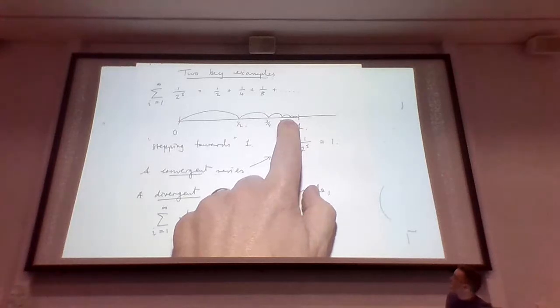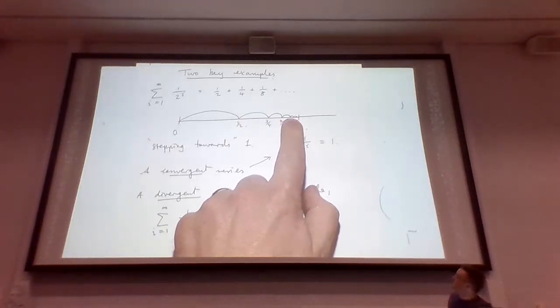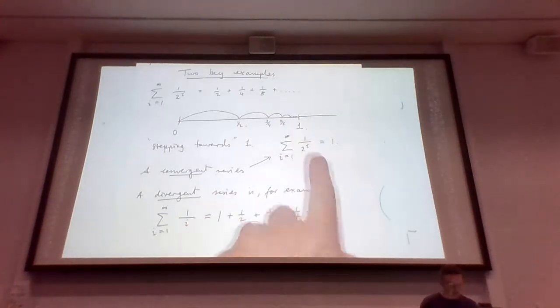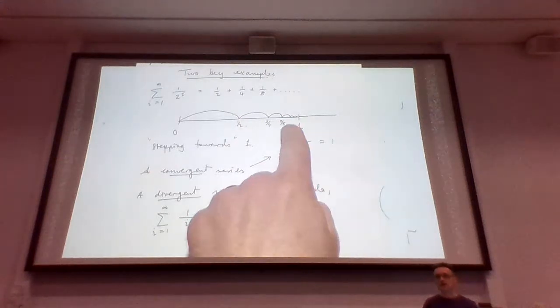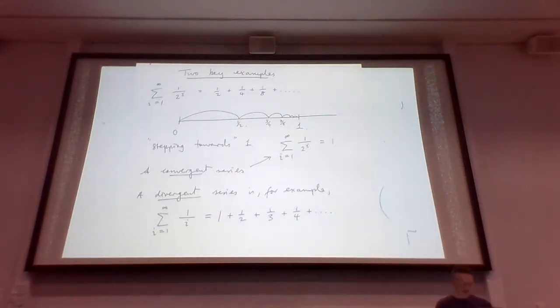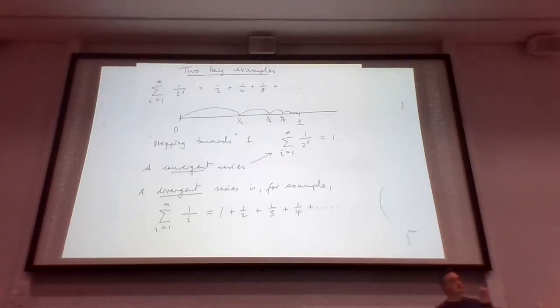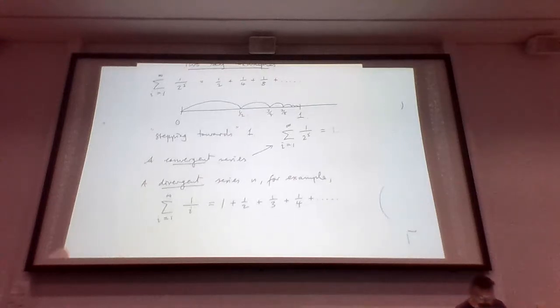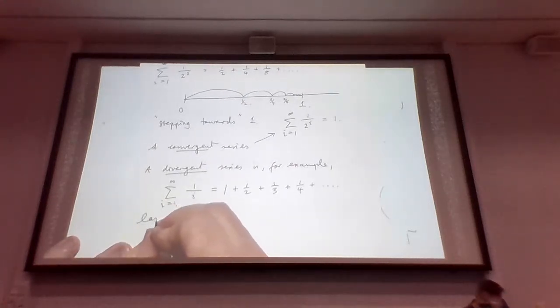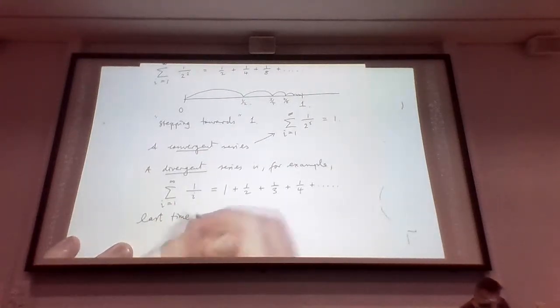The fact that this step size converged to 0 was somehow connected to the fact that this was a convergent series, that it only gave you a finite value. So this is still true in this example, but we gave an argument last time. I won't repeat it, but you can look up the notes if you weren't here.